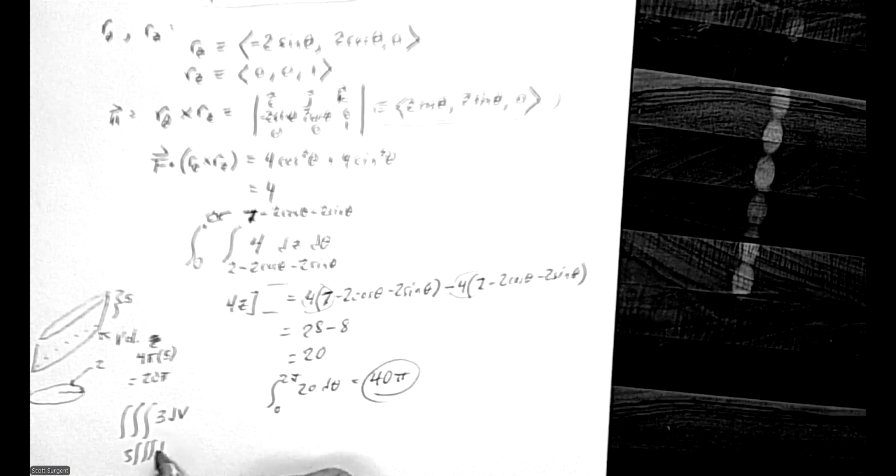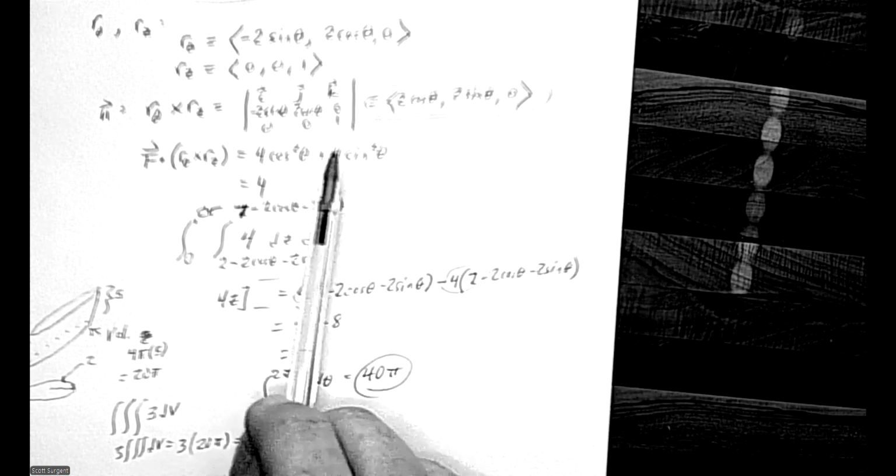And so basically you get a triple integral of 3 dV. With 3 as a constant, you can factor that out to the front, and I get 3 times the volume. And so here I got 20 pi. So here I'm getting 60 pi as my answer.